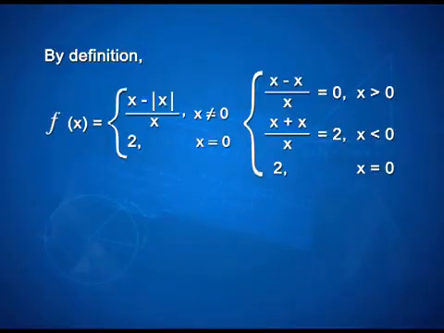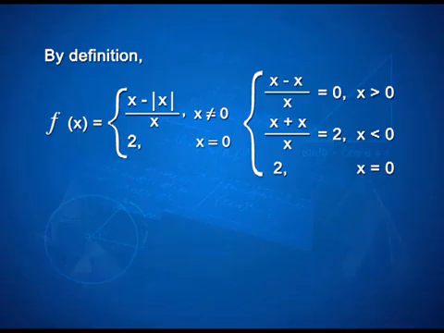For x greater than 0, mod x is x, simplify and you get f of x equal to 0. When x is less than 0, mod x takes the value minus x, and therefore, it all simplifies to 2. At x equal to 0, the function takes the value 2.